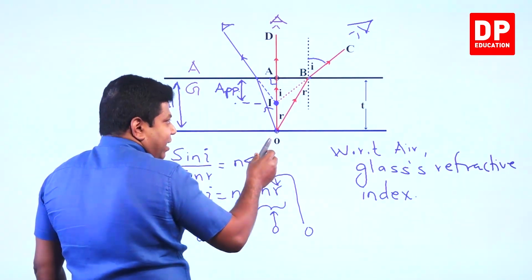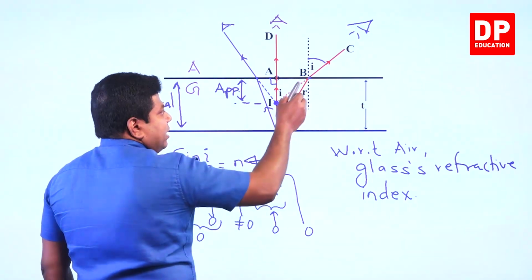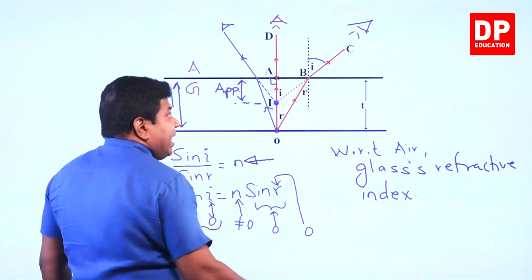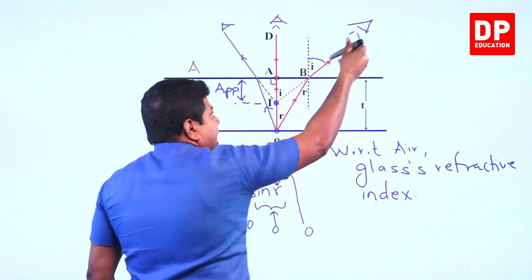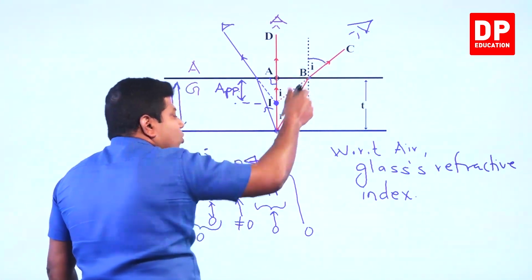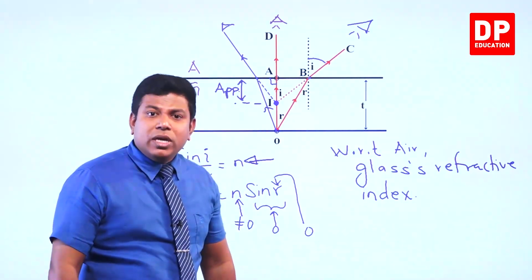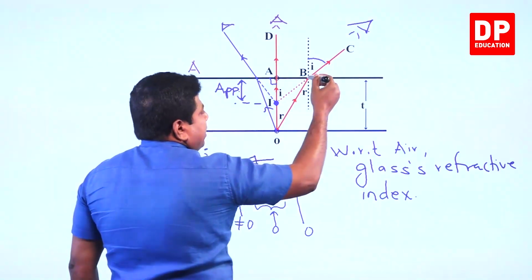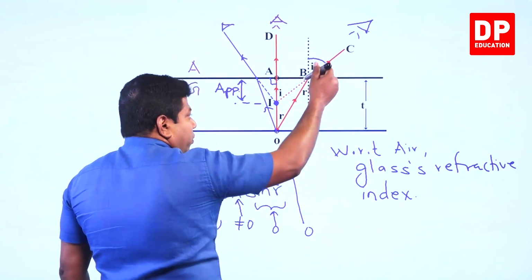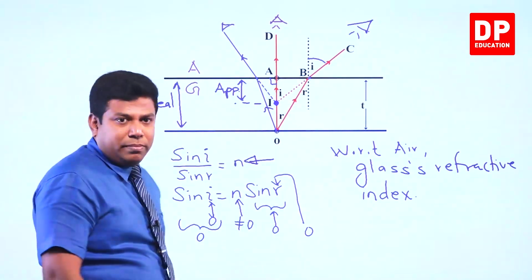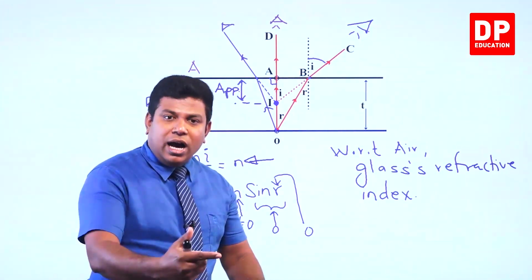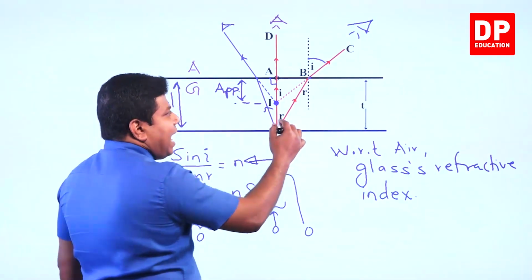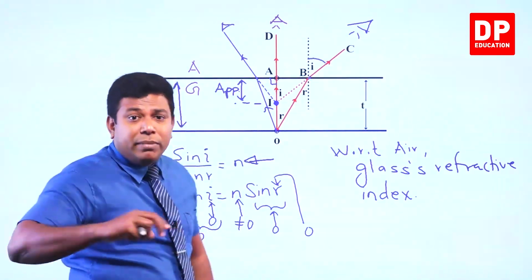See, if a ray starts from O, reaches B and goes through C, think about another ray that starts from C and reaches B. That has to go through the path BO, because it's reversible. I and R can be reversed. That means the incident angle and the refraction angle can be reversed.